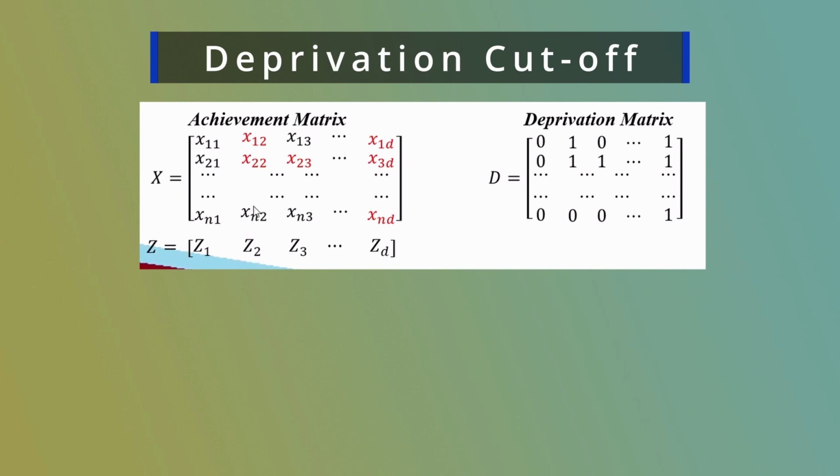We marked it in red color. And this achievement matrix is transformed into the deprivation matrix, where the red color achievement value is treated as 1. 1 means they are deprived, and all other values are treated as 0. Therefore, the deprivation matrix consists of the values 0 and 1.